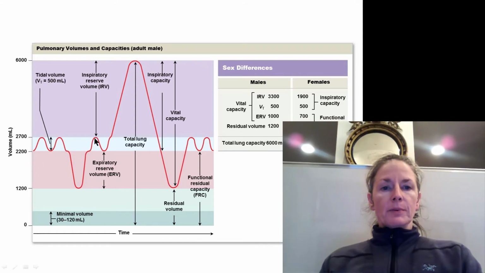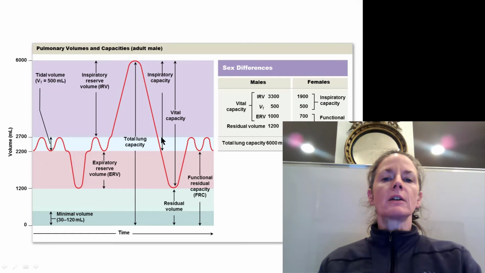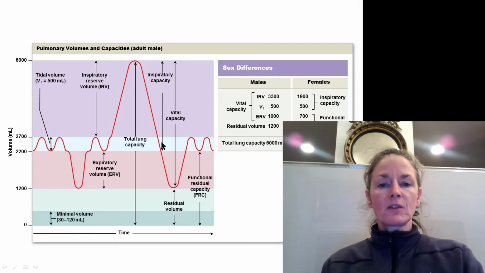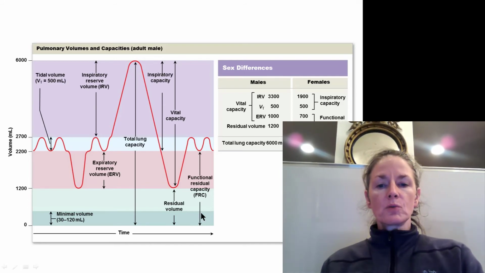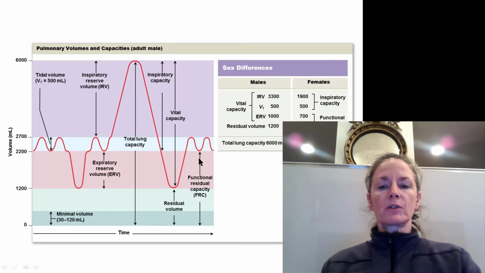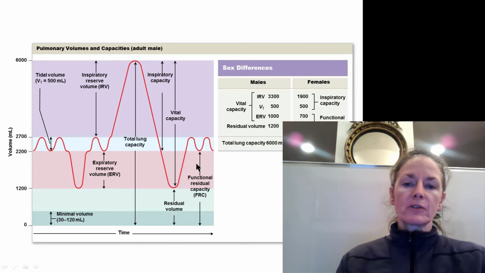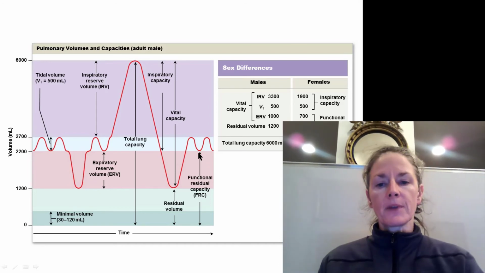If we add simply the tidal volume plus our inspiratory reserve volume, this is called the inspiratory capacity. If we basically add the residual volume with our expiratory reserve volume, we get what's called the functional residual capacity, because it's what we still have left in our lungs when we're at the bottom of our quiet breathing.